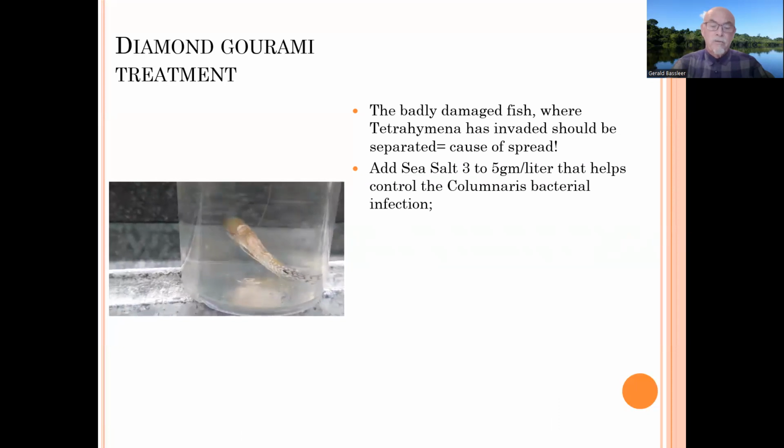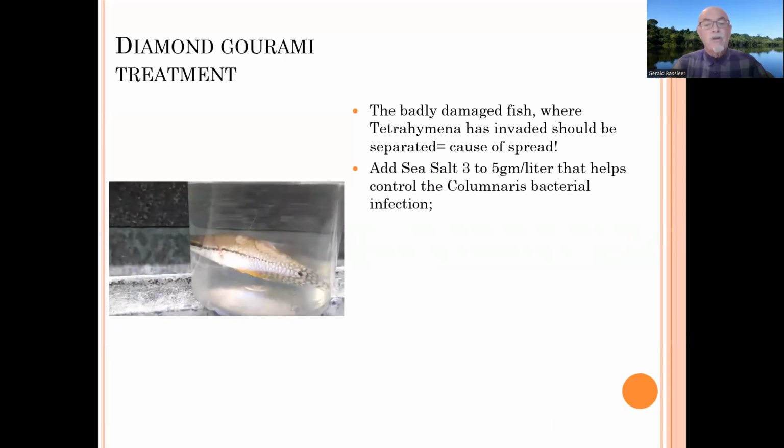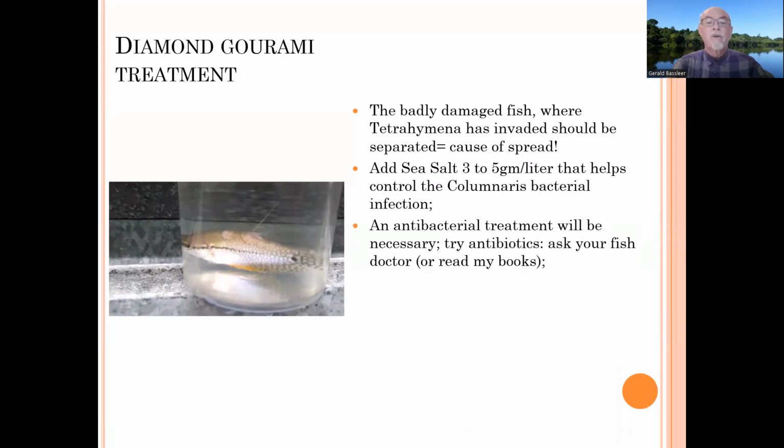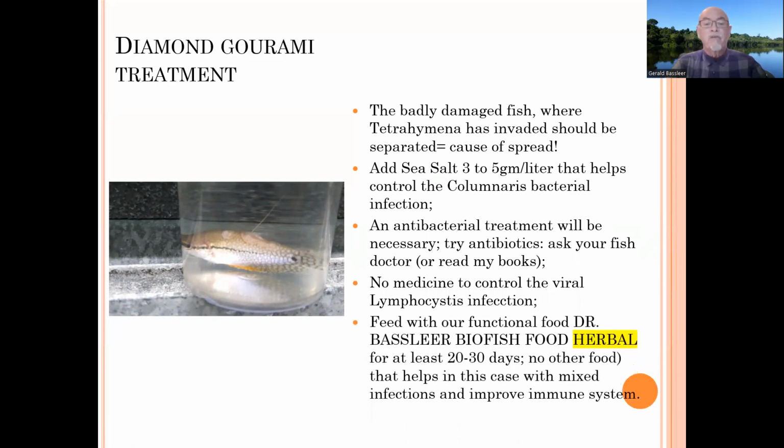Adding sea salt, 3 to 5 grams per liter, helps in the control of the bacterial infection, the Columnaris infection. And at the same time, using an antibacterial treatment might certainly be necessary in this case. You can use antibiotics, which can be recommended by your fish doctor, or you can get information in my books. There is no medicine to control the Lymphocystis viral infection.